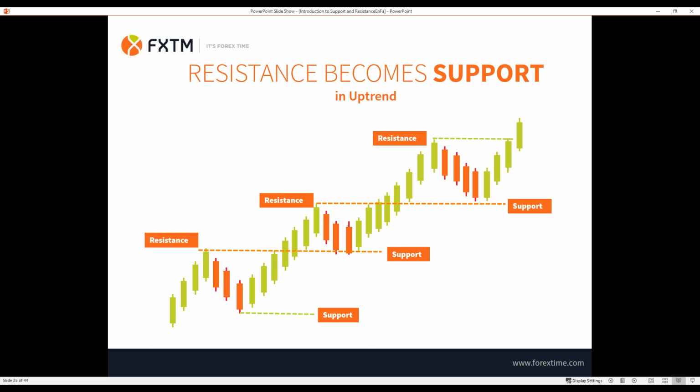So, if you find yourself in an uptrend, then most probably the resistance will be broken. Very good. And of course, similarly, if you find yourself in a downtrend, most probably the support will be broken.